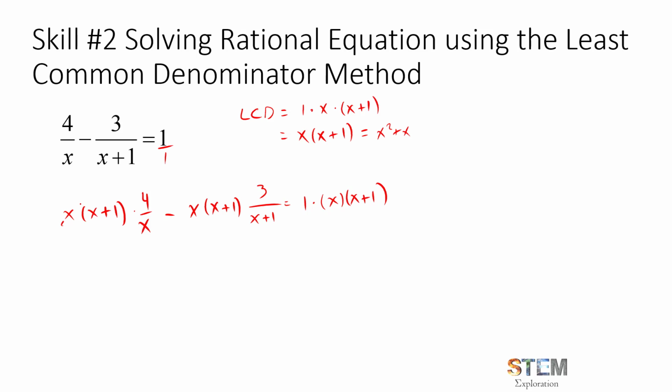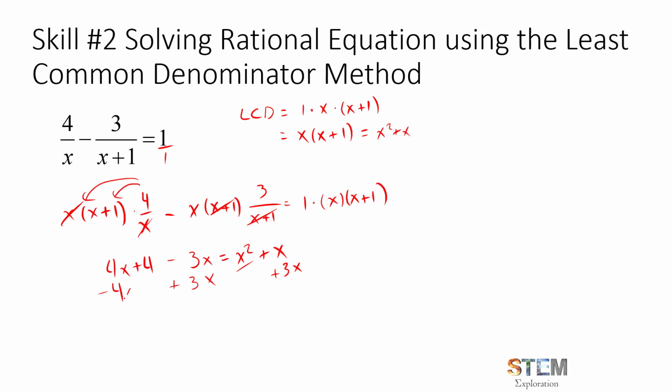Then what I'm going to get is that these x's cancel, this cancels, and so let's distribute that 4 there. I'll get 4x plus 4 minus 3x equals x squared plus x. And now I have a quadratic again. I have this x squared term, so I'm going to just move everything over to the other side. So let's add 3x.